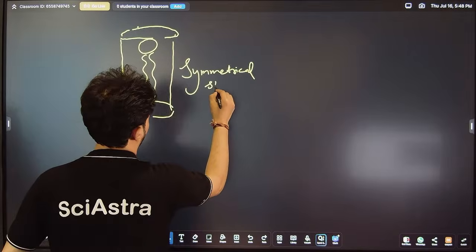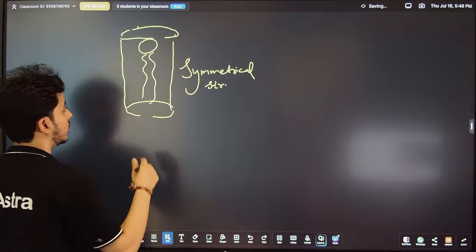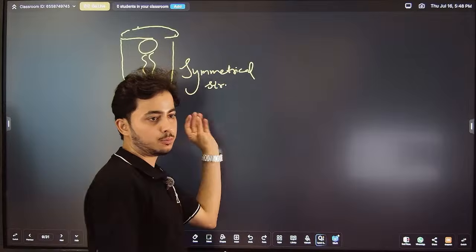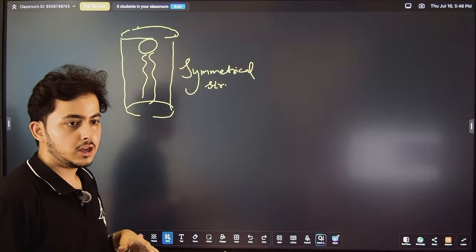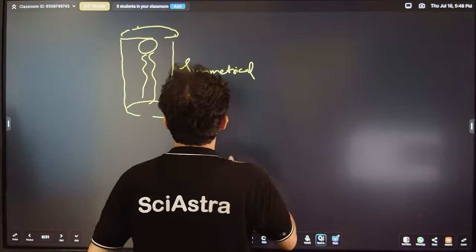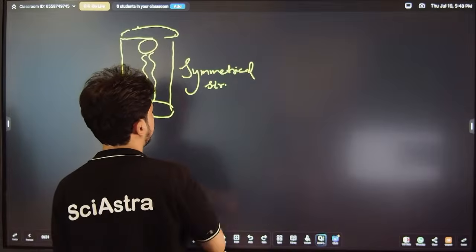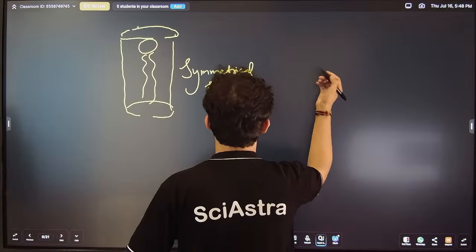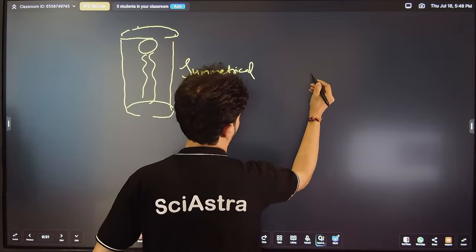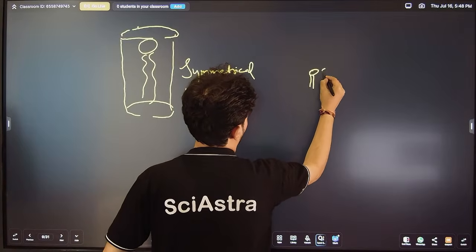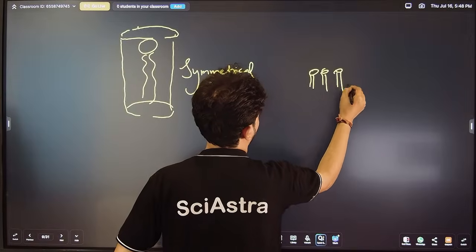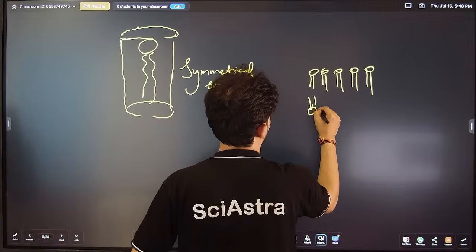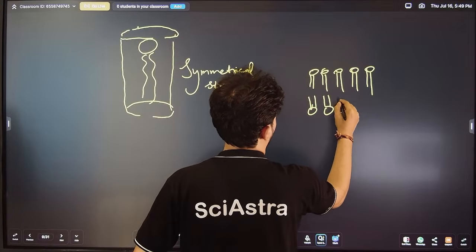Now when this symmetrical structure is put in water, let's say you have a beaker of water and you put the structure there, it will form a lipid bilayer. The cell membrane that you have is made up of this lipid bilayer, where these kinds of structures are present.